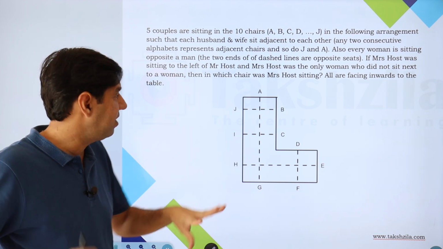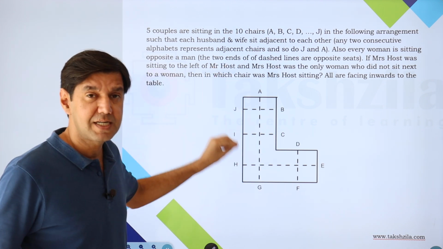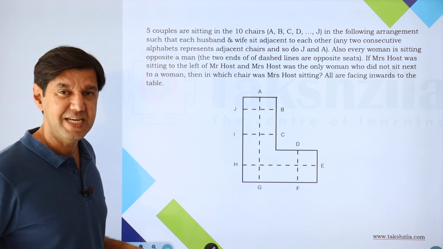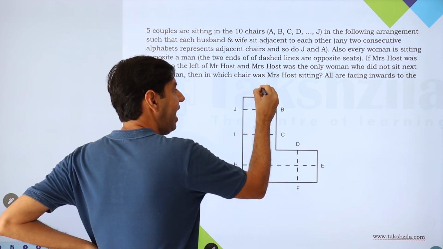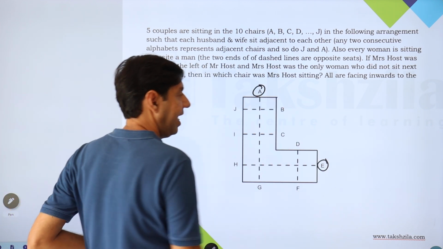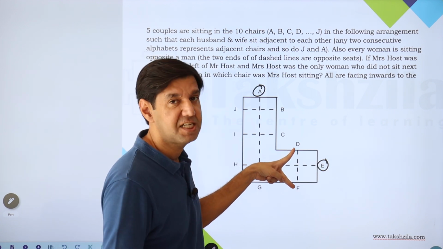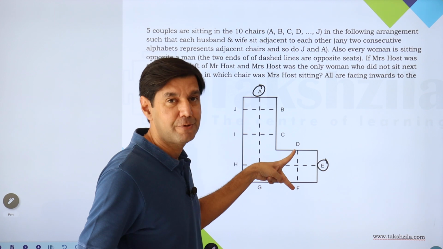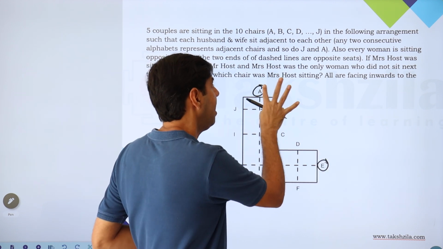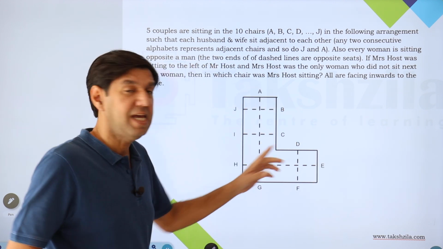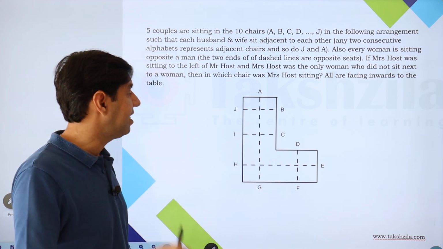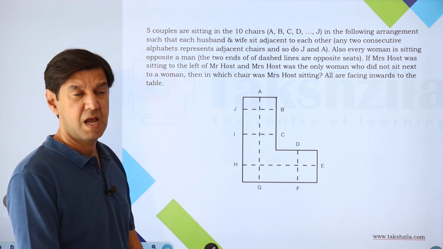Then the next thought of reasoning is, can I club certain chairs alike? Like for example, A and E can be very alike. If host is at E, then both these adjacent chairs are men, and then they'll be opposite each other, so that can't be that. But other than this A and E, you are not going to find similarities anywhere else.